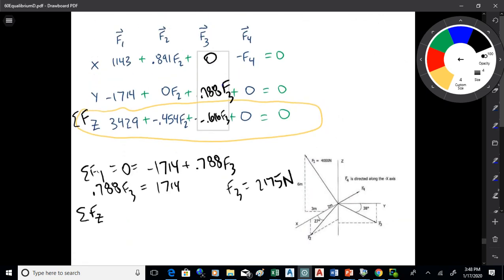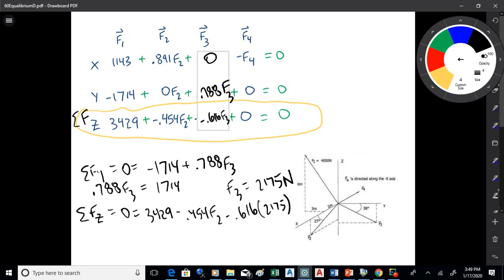What do we got for Fz? We've got 3429 minus 0.454 times the unknown F2 minus 0.616 times the 2175 that we just solved for.